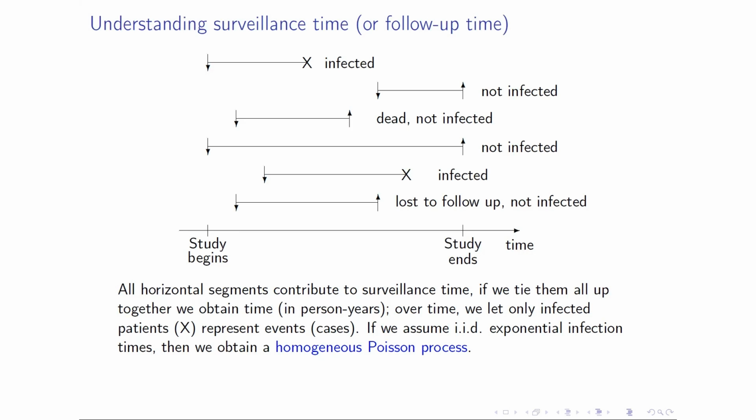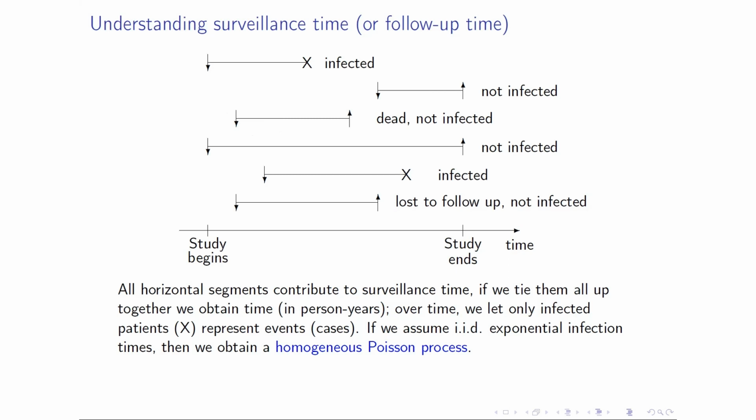So the first person got into the study, and then after some time, he or she was infected, but the second person got into the study at some later time and finished when the study ended, and that person was still not infected. Same for the third person, who got into the study and then died after a while.